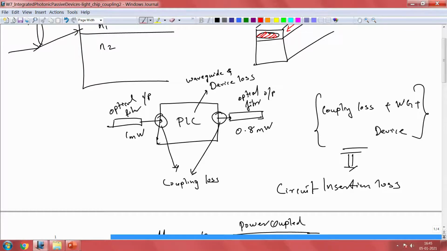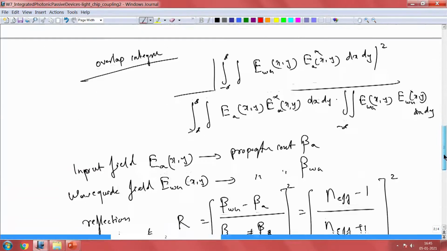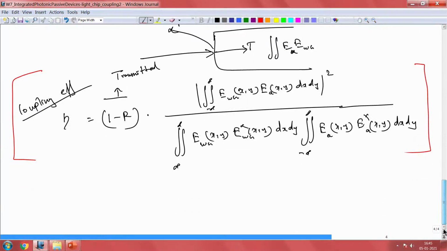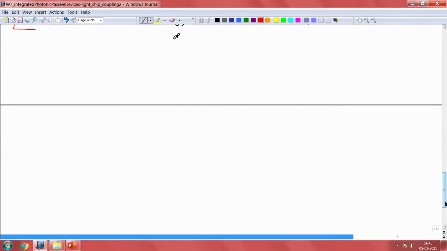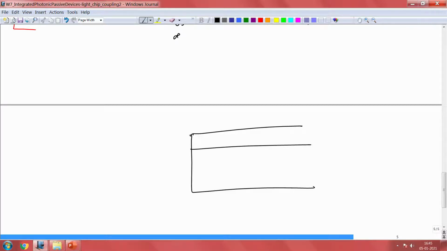So for that let us look at a very simple system where I put an LED, right. So we take again a simple slab, right, and I am going to put a very small, let us say an LED structure here. So in this case the LED is also a chip, let us say it is an edge emitting LED, right.